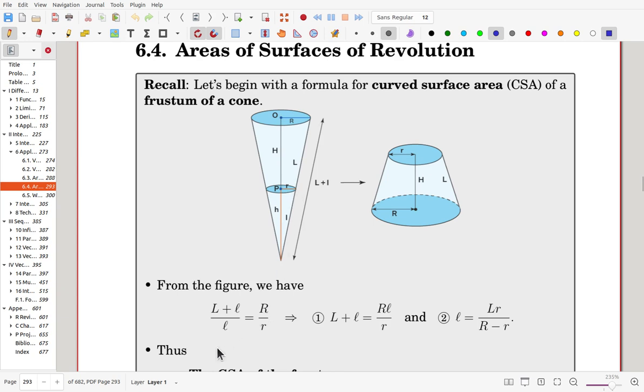So that is exactly this equation. From this one, we can get capital L plus l by multiplying little l. And also we can solve the equation for small l to get the second equation.